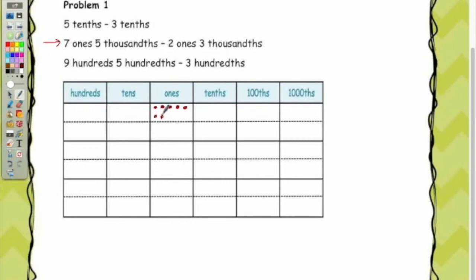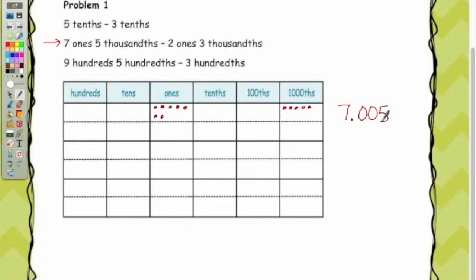And we're not going to put decimals yet. And 5 thousandths. And then I'm going to write that in standard form. So notice that I left you room beside it. That's right.